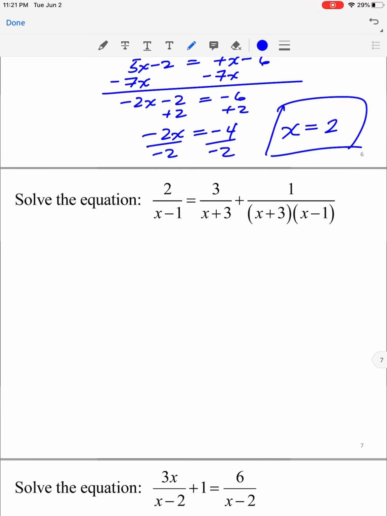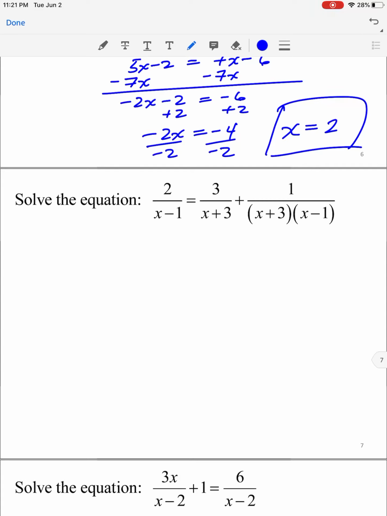Okay. Now, remember the trick we did with the denominators. We're going to still use that trick even though these denominators look weird. But first of all, I need to introduce a little information.